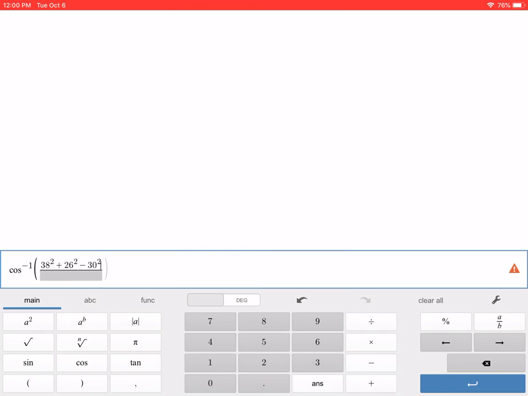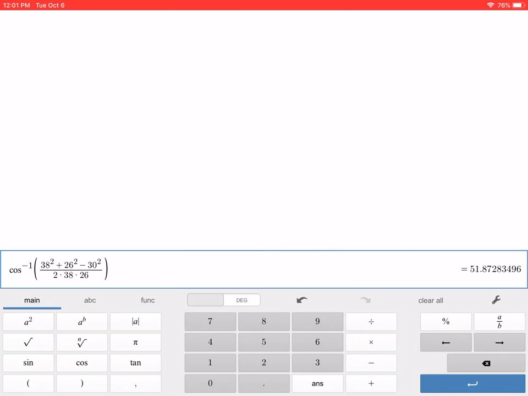If I press the sideways button, I should be able to get to the bottom. No, actually just tap the bottom, and then you'll be able to enter in the denominator. And so in the denominator we're going to have 2 times 38 times 26. Okay, and if I hit the right arrow button, I can kind of finish off and close that bracket.